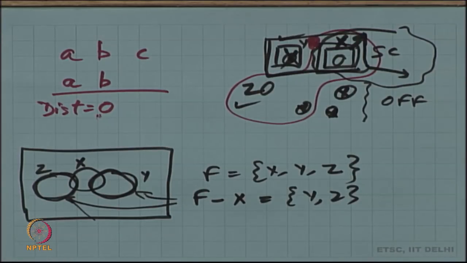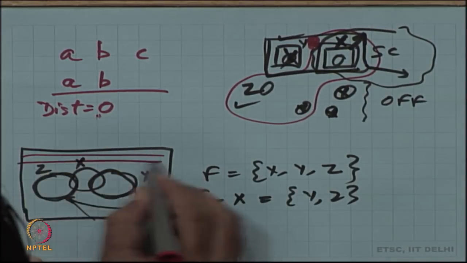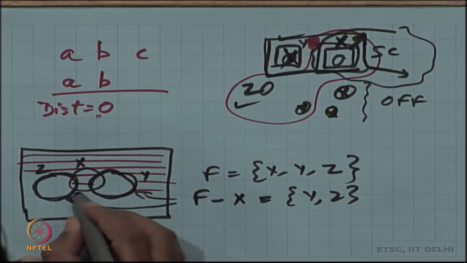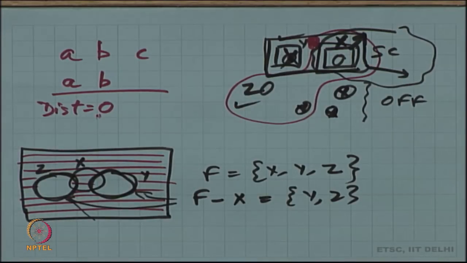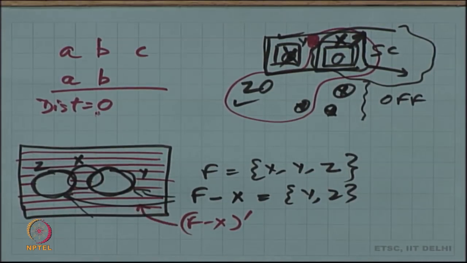What is the complement of f minus x? 1 minus y minus z. So, if you just remove the y and z, all these others form the complement. That is my complement. So, f minus x prime is this.